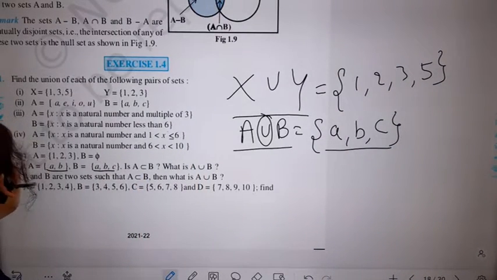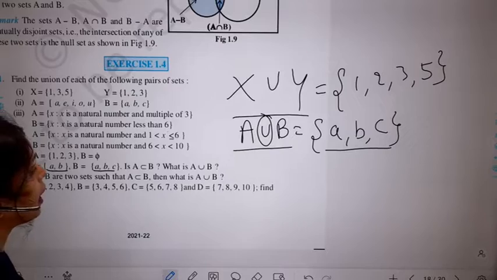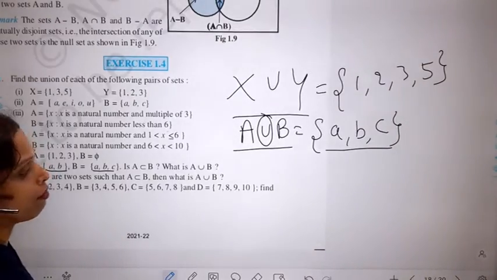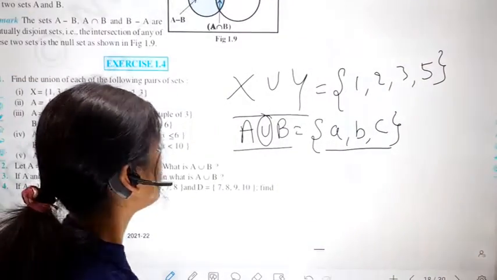Third question: if A and B are two sets and A is a subset of B, then what is A union B?